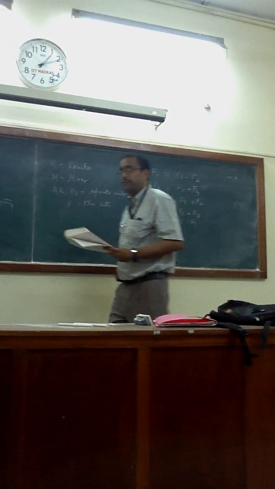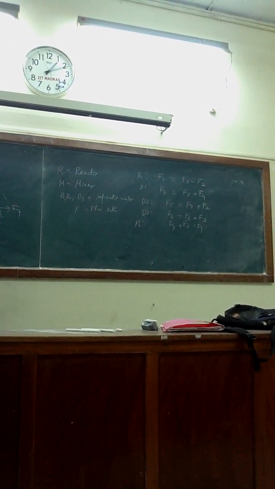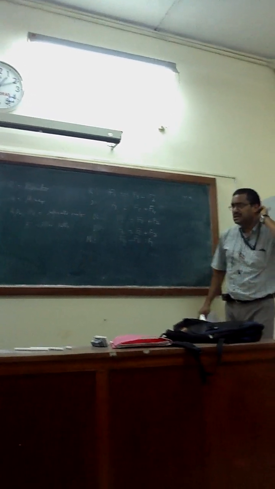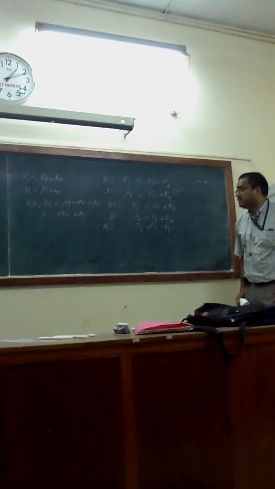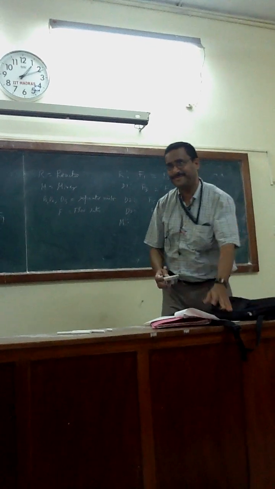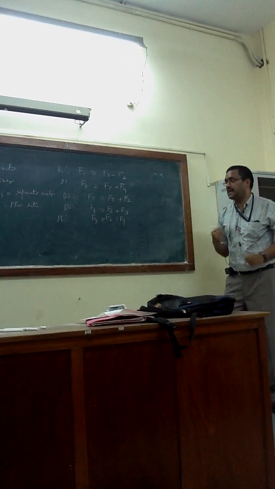Okay. So we have 5 algebraic equations, right? How many unknowns do you have? 9 unknowns. The question comes here: can you get a unique solution? Now you can see the mathematics here.